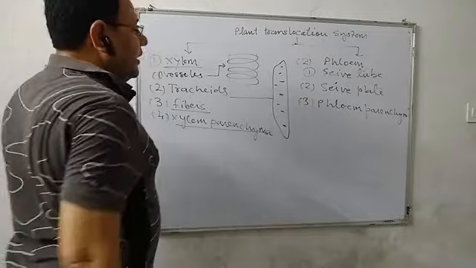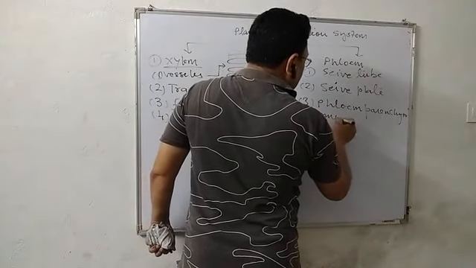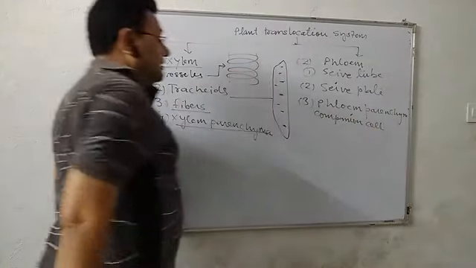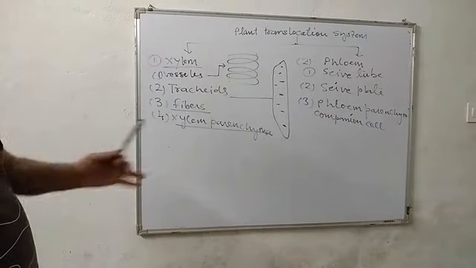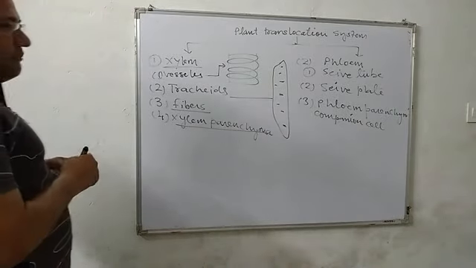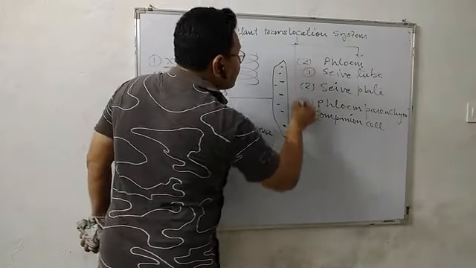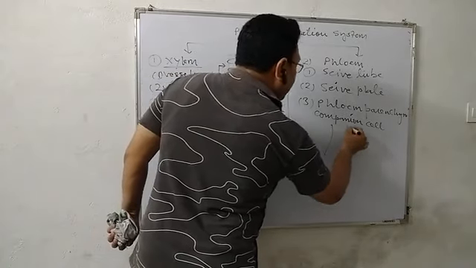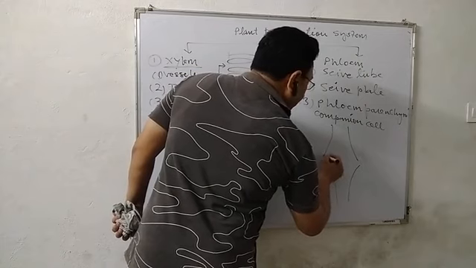Phloem parenchyma can be said to be companion cells also. They are the components of phloem. Let us have a diagram by which we can show how these components are attached together. So this was the case of xylem, and now we are going to discuss the components present in the phloem.